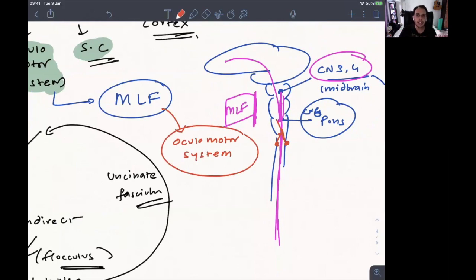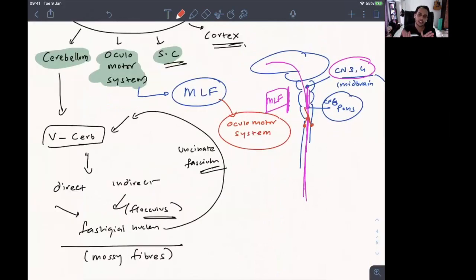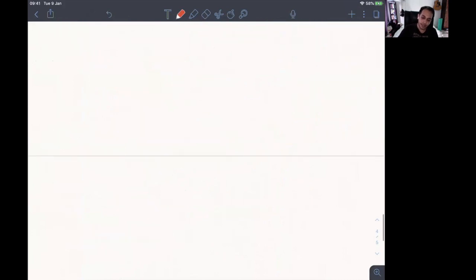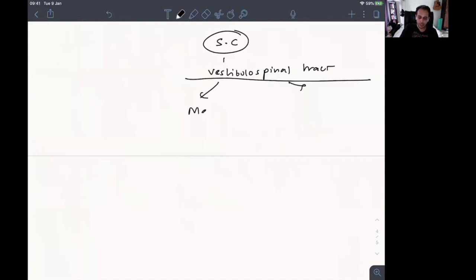There are other nuclei involved as well, but for the sake of today's discussion, just know that the vestibular nucleus has a strong connection with the ocular motor movement. And finally, with your spinal cord, there is something known as vestibulospinal tract. And there are two of them. One is medial and one is lateral.